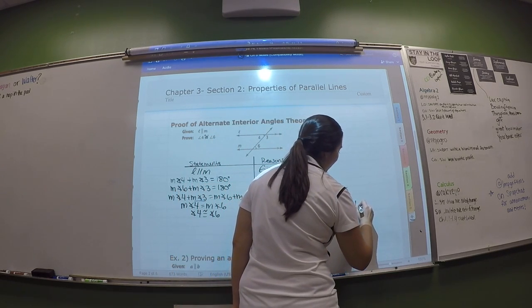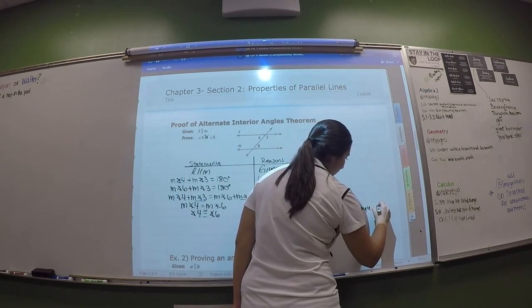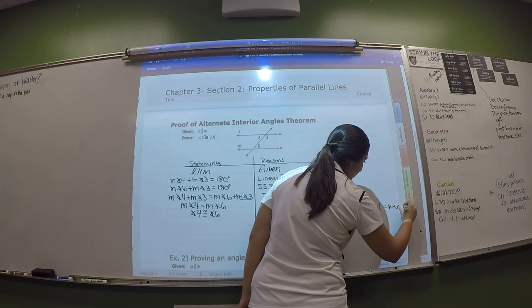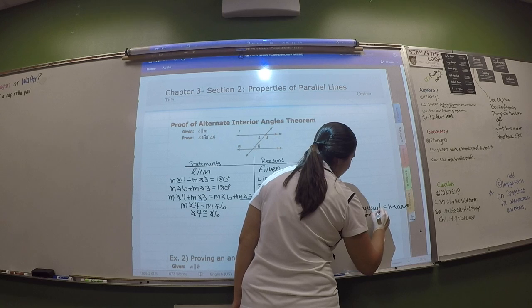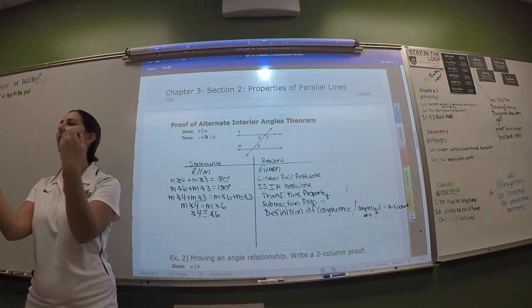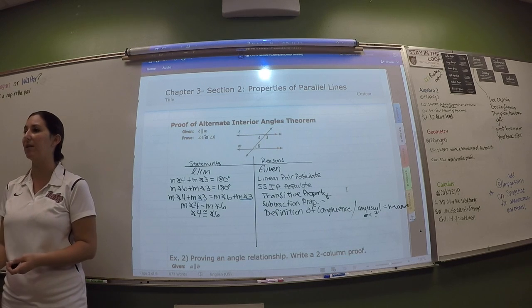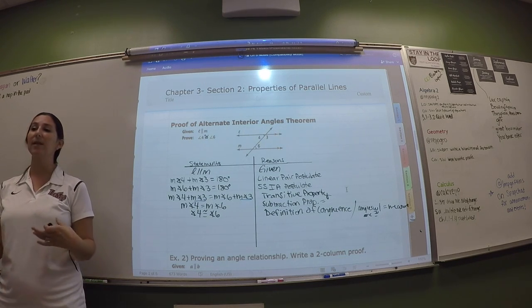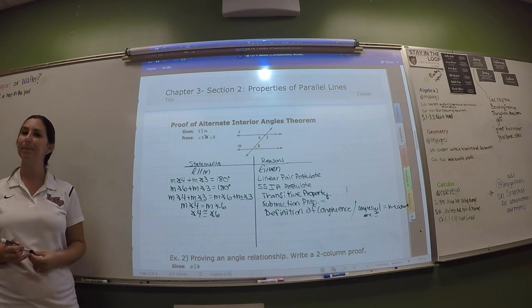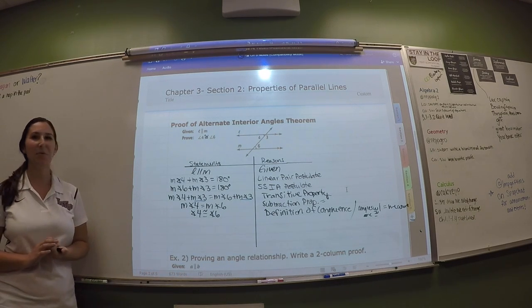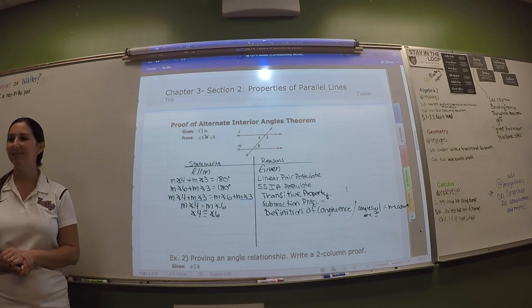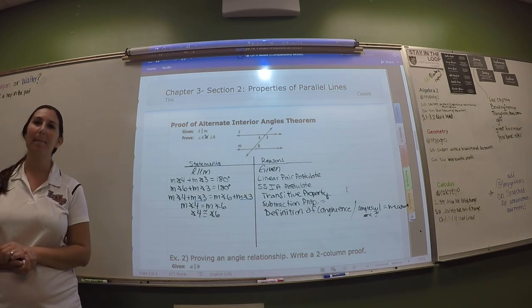Angles with equal measure are congruent. That's what congruent means. When you're talking about what a word means, that's a definition. So you can just write definition of congruence there. And then that's it. We're done. Look how pretty it is. It's just weird to subtract something that's not a number.